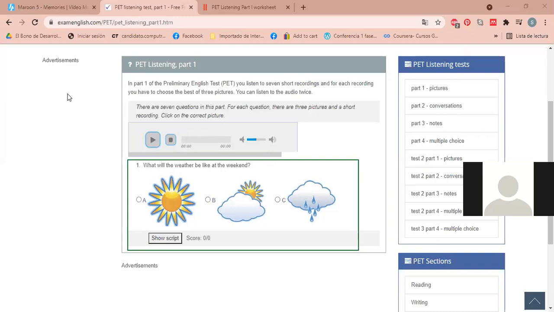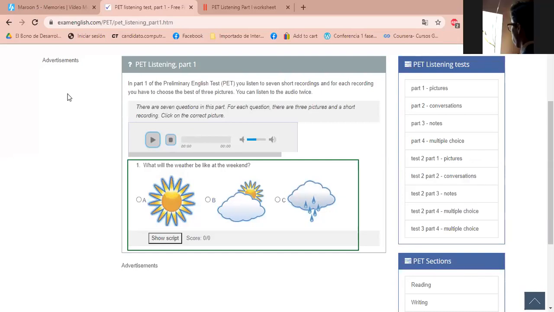Entonces, ¿qué estamos buscando específicamente? Lo que vamos a buscar en nuestro audio es cómo va a ser o cómo será el clima el fin de semana, específicamente el fin de semana. Para eso tenemos que estar muy atentos a las palabras que nos pueden guiar hasta esa respuesta. ¿Qué es lo que estamos nosotros aquí calificando?